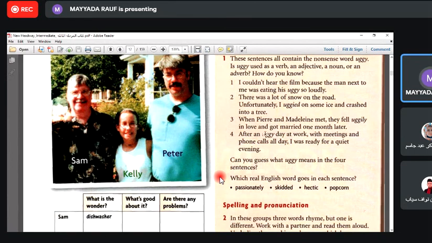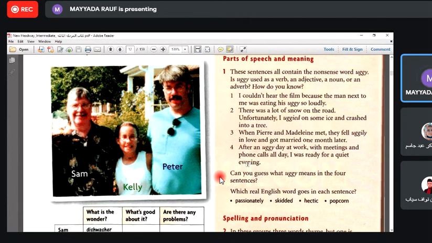Okay. So here we have sentences from 1 to 4. For example, I will show you. I couldn't hear the film because the man next to me was eating his aki so loudly. So since here I have his, and here I have a verb, then this word aki should be replaced by a noun.